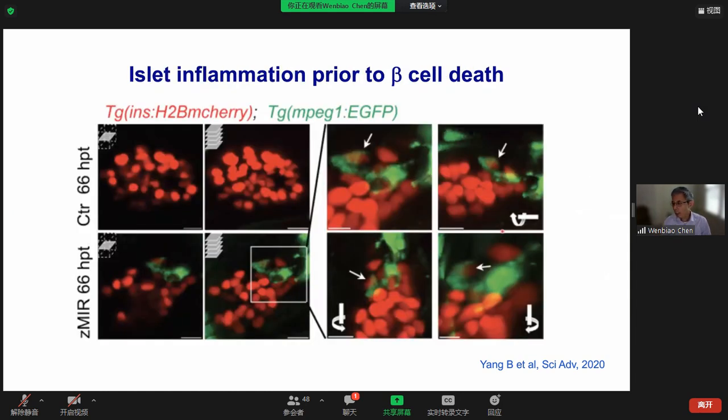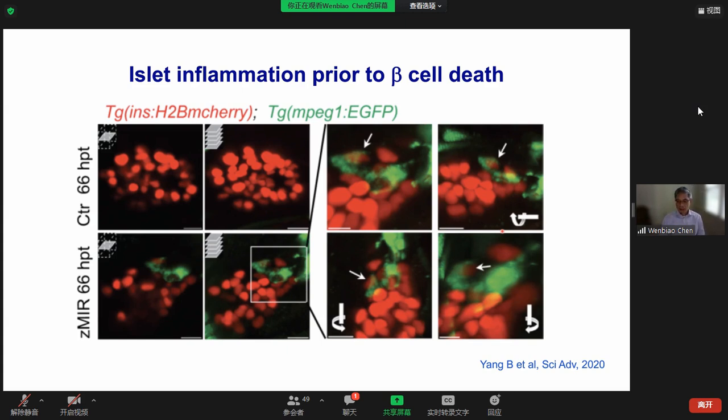So this rapid decrease and also an absence of apoptosis markers, because we did a lot of imaging, we never saw any fragmented nuclei, suggesting that maybe the beta cells did not die through apoptosis. That led us to propose that maybe the beta cells are killed by macrophages, because macrophages are known to kill live cells in other systems.